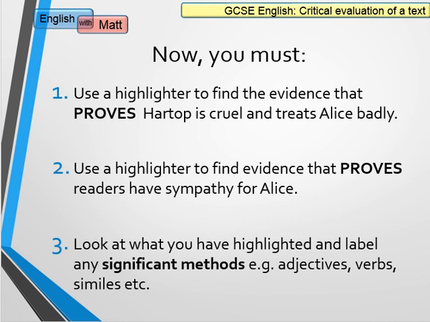Look at what you've highlighted and perhaps consider what significant methods you can see in those bits. So there might be particular use of adjectives, there might be a simile, there might be a particular sentence type, and so on. So have a look at if there's any particular methods that you could tie in to the bits that you've already highlighted.